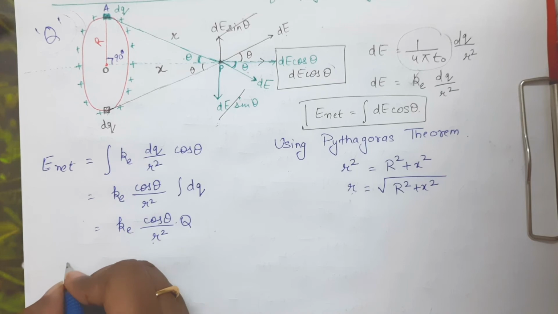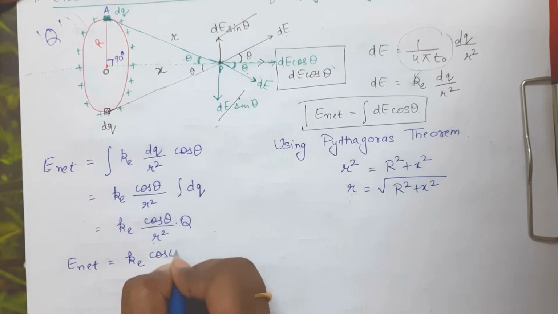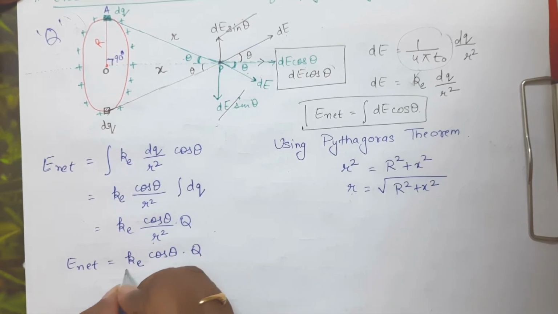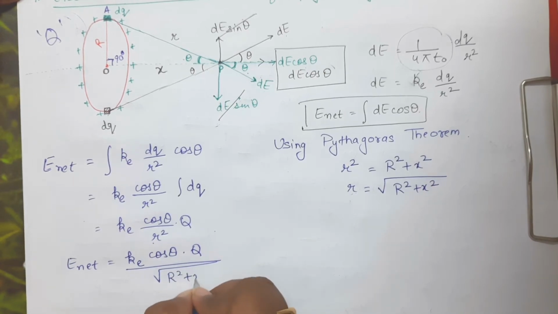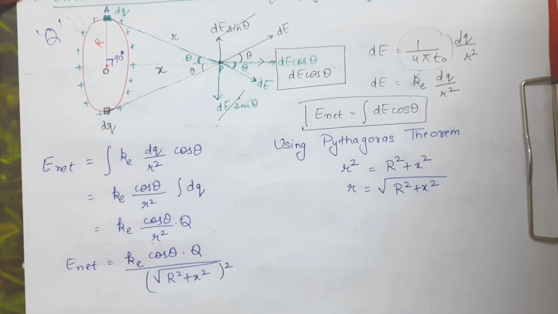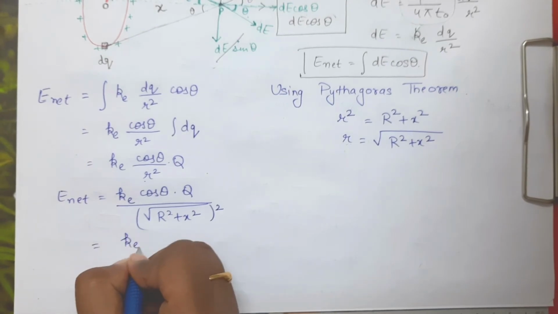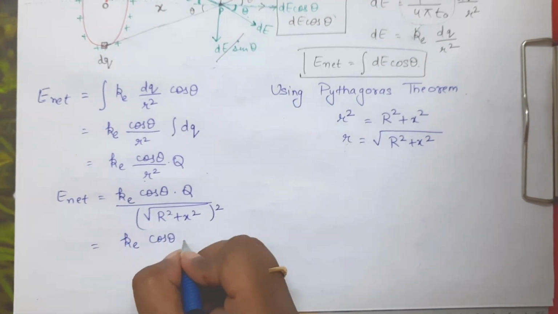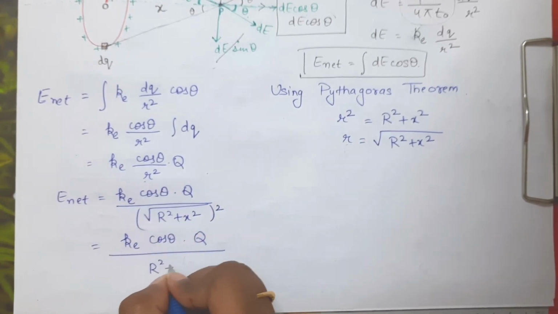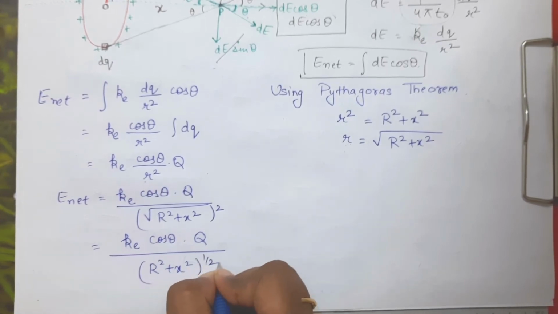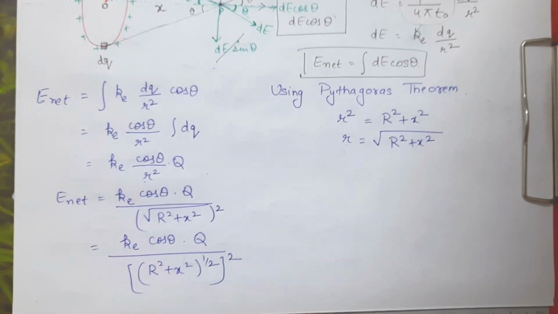So what you will get is E net is equal to KE cos theta into Q upon root under r square plus x square, whole square, right? Now you can write it as KE cos theta into Q. Root means power 1 by 2, so r square plus x square power 1 by 2, whole power 2, right?